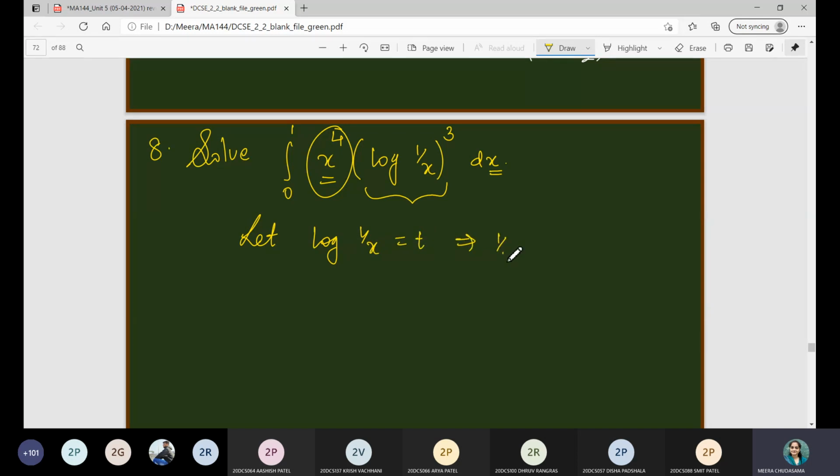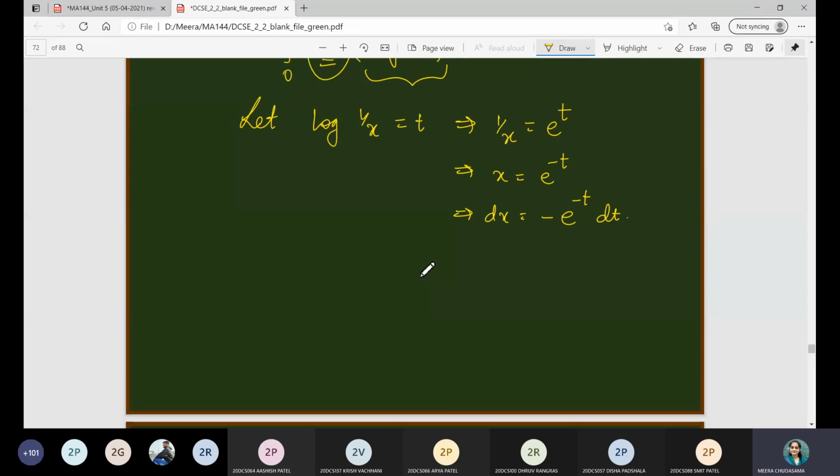So this implies 1 upon x is equal to e raised to t, right? So what is x? e raised to minus t, and therefore dx will be what? It is minus e raised to minus t dt. So that covers x and dx. Let us consider now the values of the upper and lower limits of the integral.